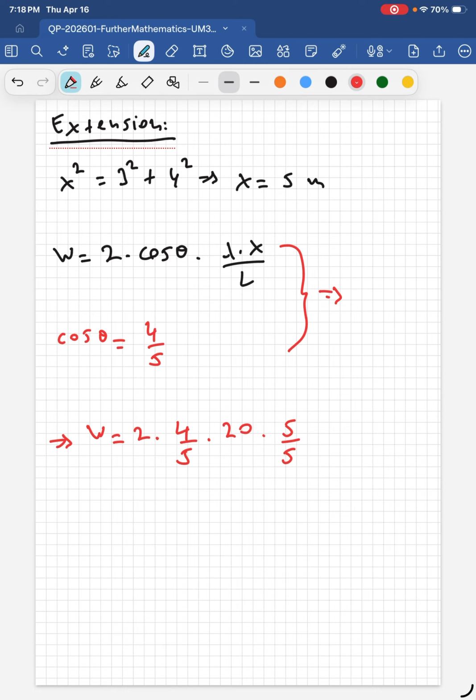Yeah, it's correct. I'm sorry, I got confused a little bit. So basically this is equal to, 5 cancels, and then this evaluates to 32 newtons, right? So 2 times 4, 4 times 4 is 16 times 2, 32. I hope it's clear.